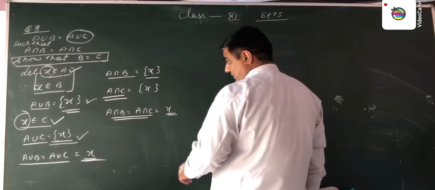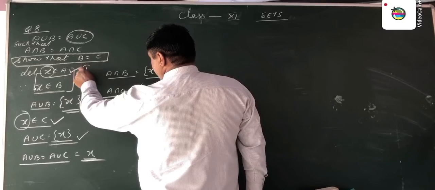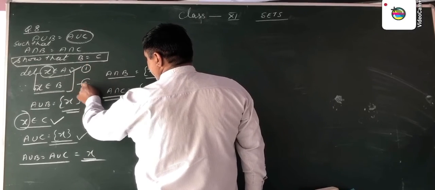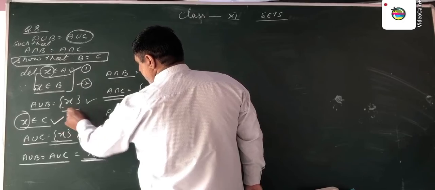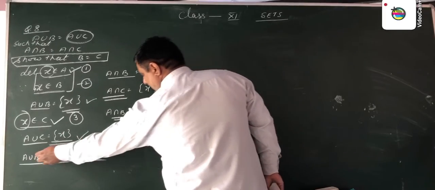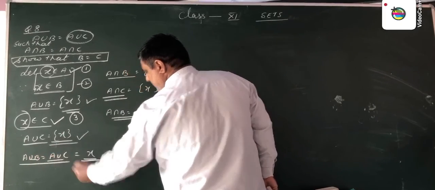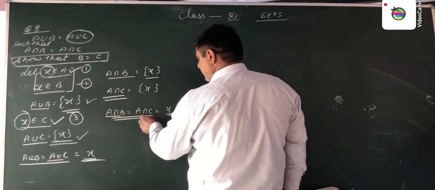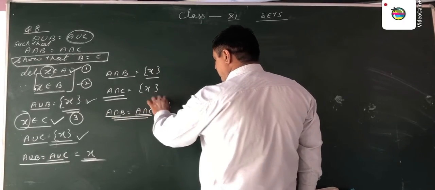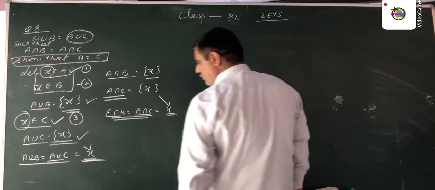Now here, this is the given first equation, this is the second, and this is the third. Now A union B, A union C, A intersection B, A intersection C, these have x as a common element.